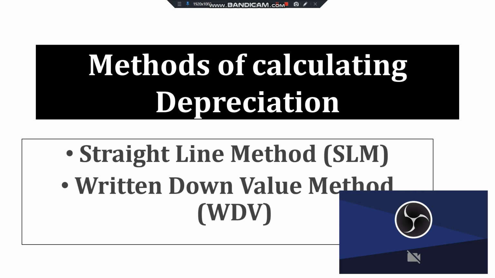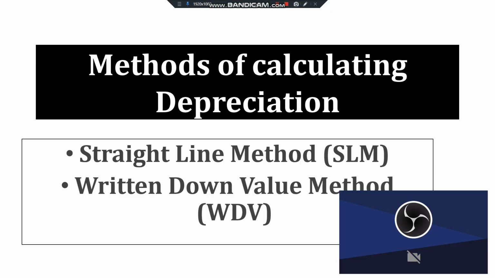So next is the most important thing. How can we calculate depreciation, and what are the methods of calculating depreciation? We can calculate depreciation by two important methods, which are the straight line method, which in simple words we'll call the SLM method, and the written down value method, the WDV method.